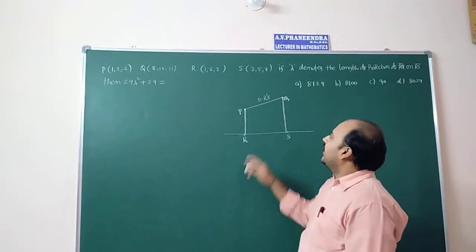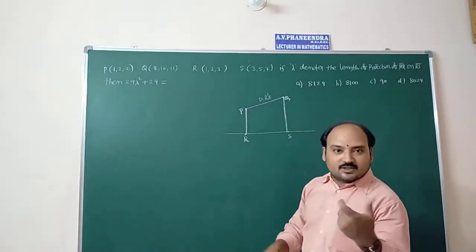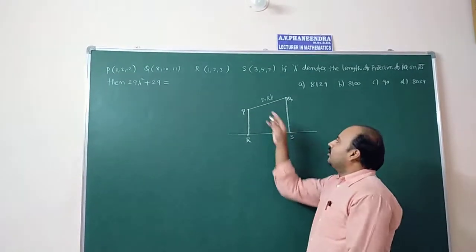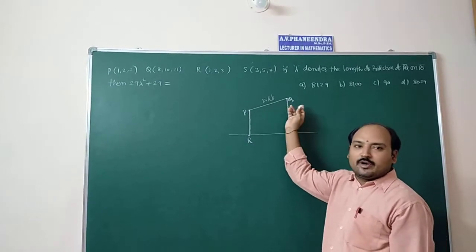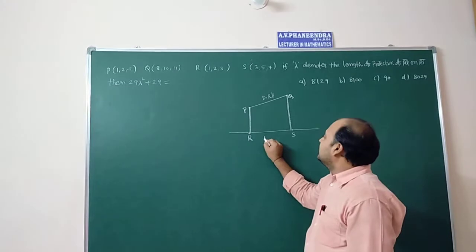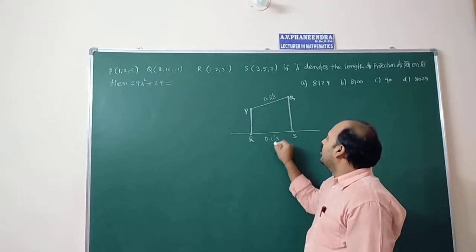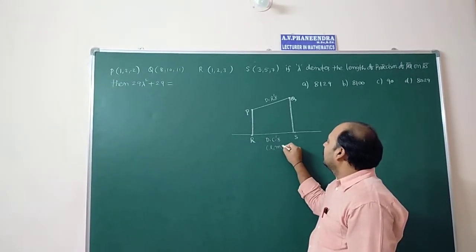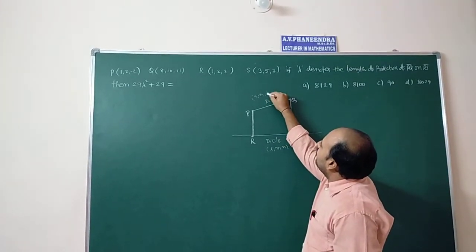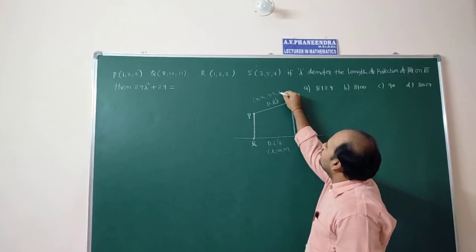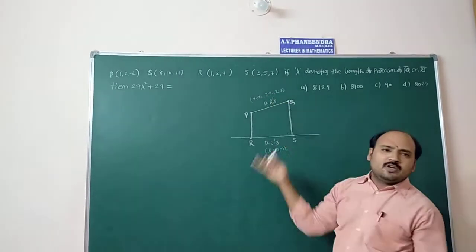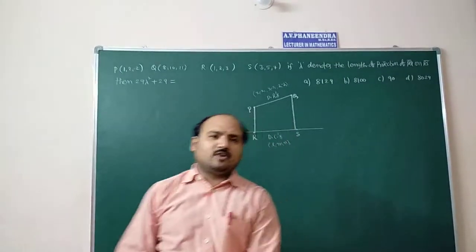We know that the direction ratios of PQ are x1 minus x2 or x2 minus x1, anyway we can write it, by the difference of the x coordinate, y coordinate and z coordinate, which are the DRs. Then calculate the DCs for RS. DCs are denoted by l, m, n. The DRs are x1 minus x2, y1 minus y2, z1 minus z2, otherwise x2 minus x1, y2 minus y1, z2 minus z1, which we can take according to our convenience.